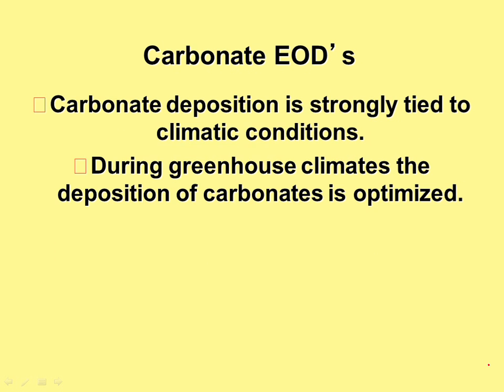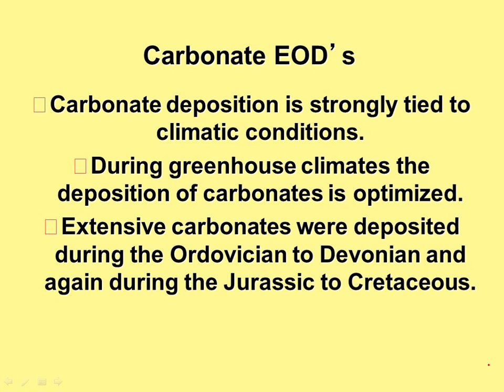Carbonates, however, are most abundant in terms of their origin of formation during greenhouse climates. So if we look at the rock record, we find that there are times stratigraphically where we have a lot more carbonates in the record than other times.